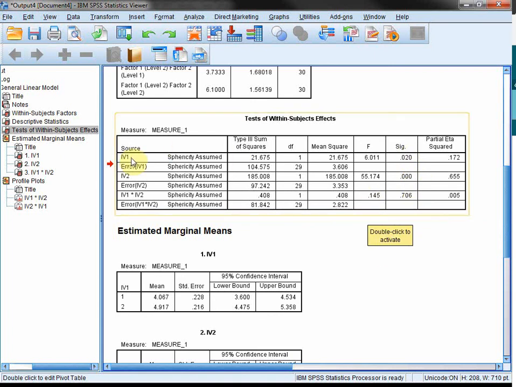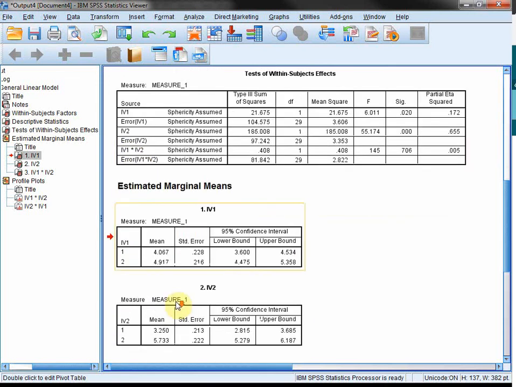So for IV1, we can now look at our mean scores for IV1 level 1 and IV1 level 2. We can see here level 2 is higher than level 1, and because there are only 2 levels, we know this is a significant difference. Then if we look down for our other main effect of IV2, you can see here there's level 1 and level 2 of IV2, and this shows there is a significant effect, with IV2 level 2 being higher than IV2 level 1.